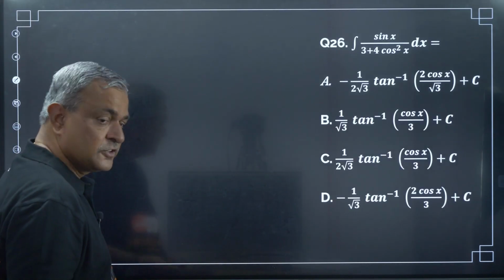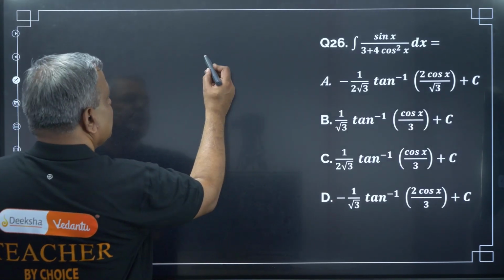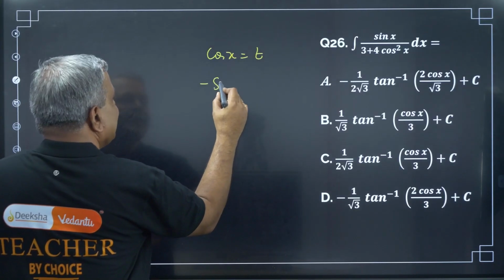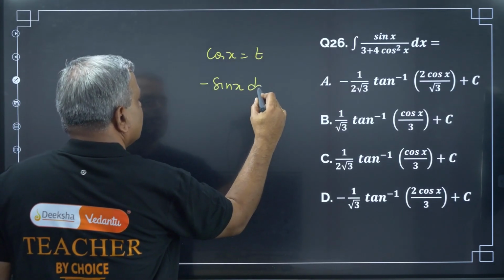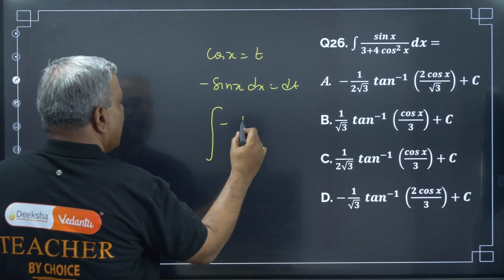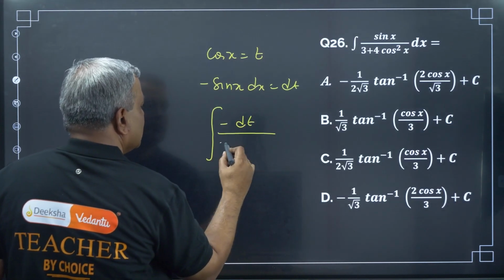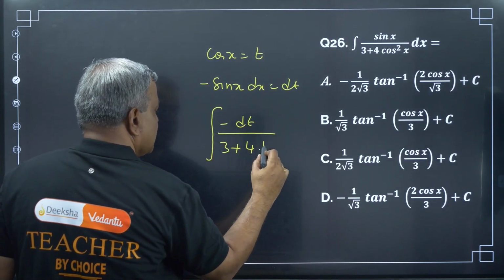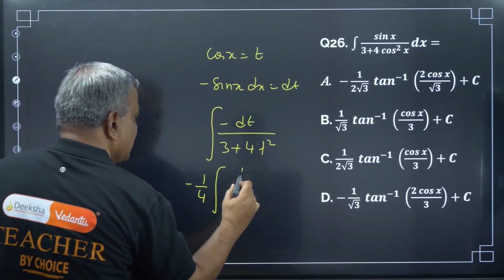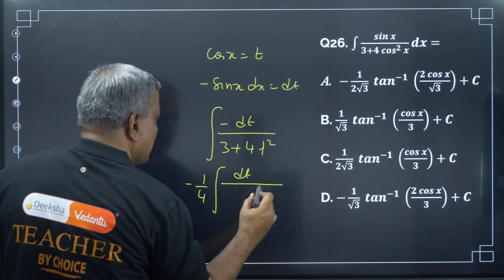26. So cos x equal to t, minus sin x dx is equal to dt. So this becomes minus dt by 3 plus 4 t square. So minus 1 by 4, always take the highest degree coefficient outside.